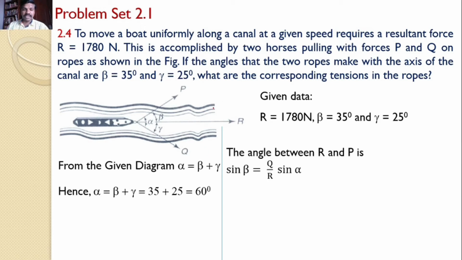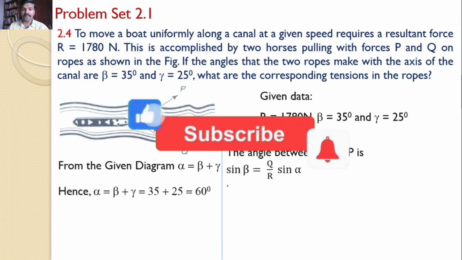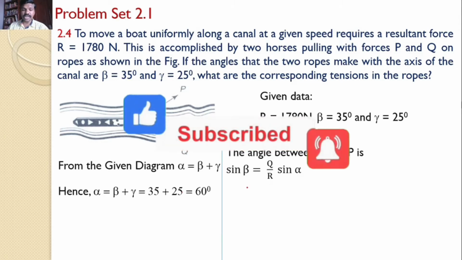We also know that beta is equal to 35 degrees. Now, the formula for this beta is sine beta equal to Q by R into sine alpha. In this formula, we know the value of beta and also we know the value of alpha and R. We can substitute straight away.